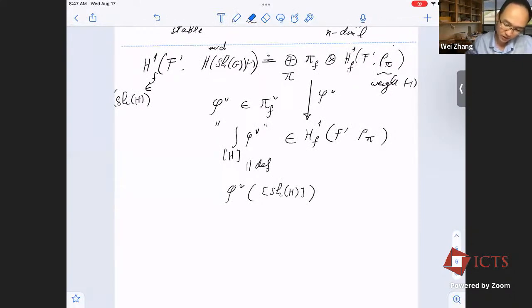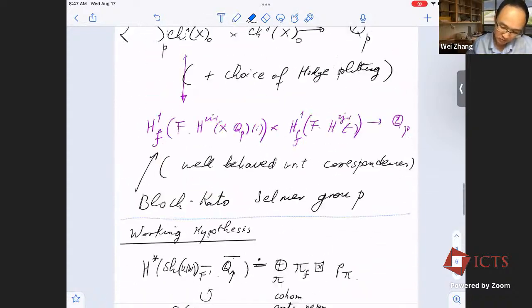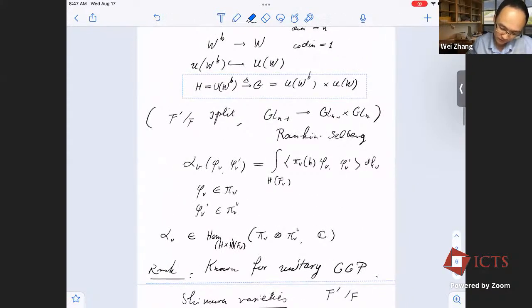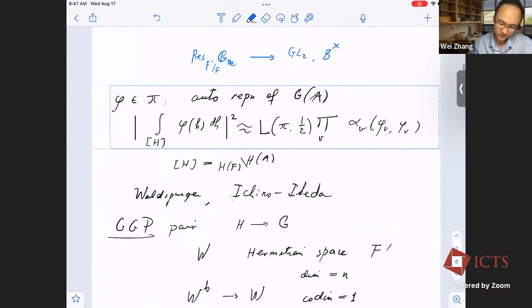So we should compare this class here with the integral which appears in this identity here. I intentionally write it as if it's the analog.